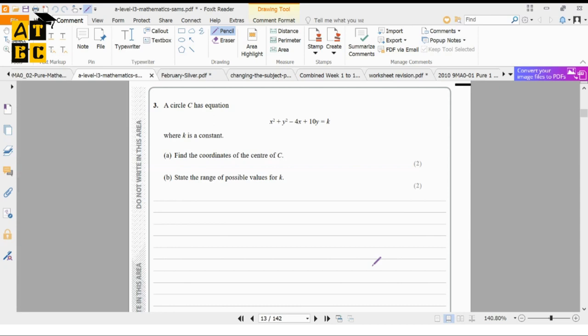This is the question that talks about finding the coordinates of the center of a circle.